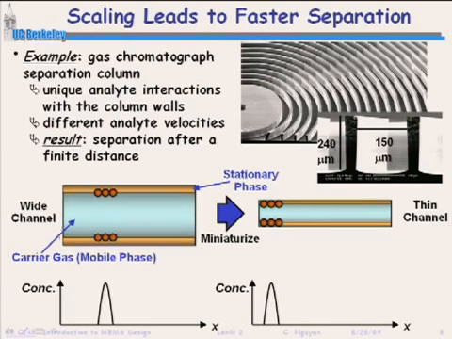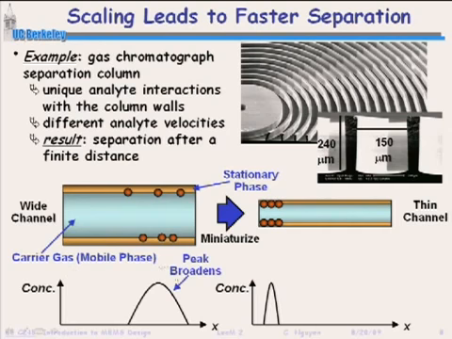But what really happens is some of these go out further than others, right? And so some of them go much further than others, and what happens is you now get a wider plug. So as this thing is going down, that plug is getting wider and wider. Okay, that's a bad thing, because that means if your peak broadens, you have to separate them by more distance in order to resolve them.